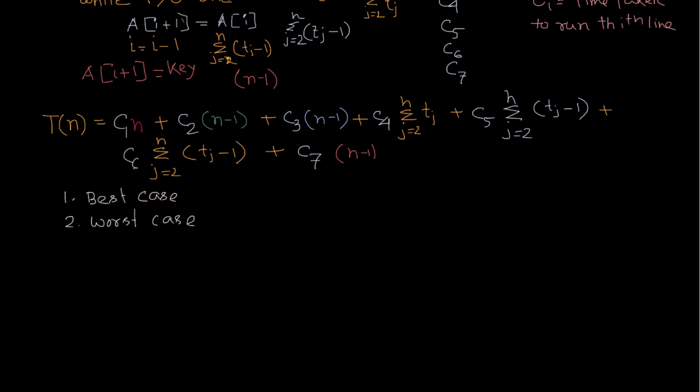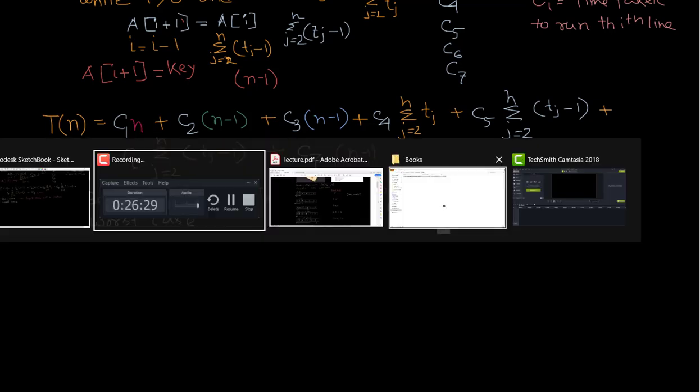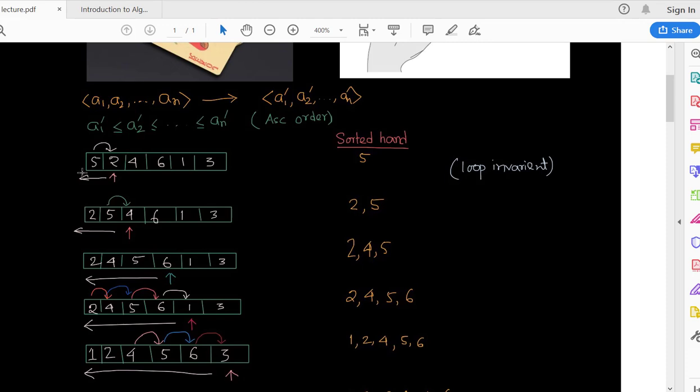So for insertion sort, what will be our best case scenario here? Our best case scenario will be when our input array is sorted properly, fully sorted. If I go back over here, if this is fully sorted, I don't need to do anything. For each and every j, the left hand portion will always be in sorted order, so there will be no right hand shifting, nothing.